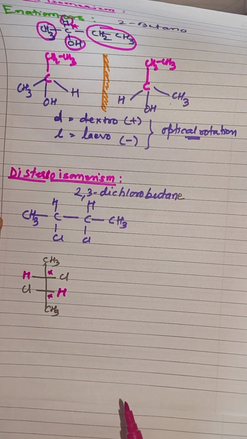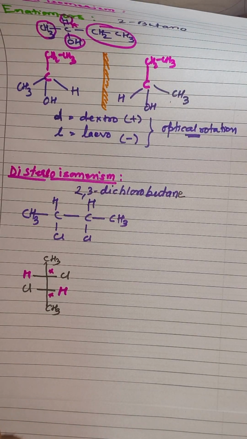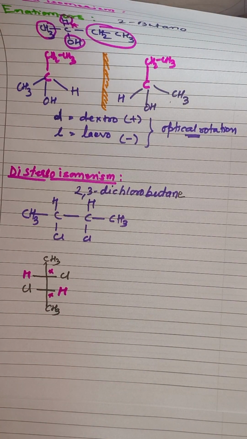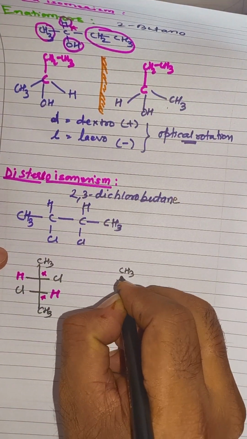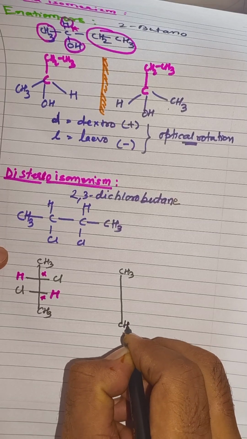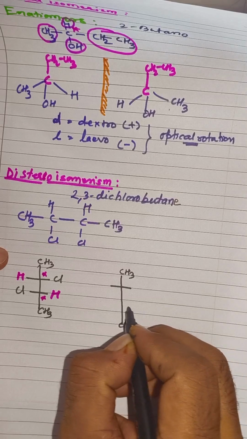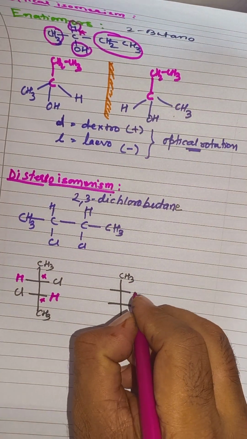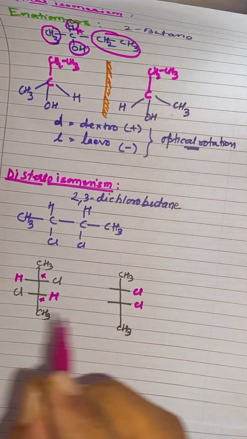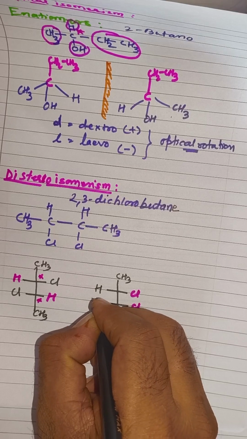So there are two chiral carbon atoms here, and they have different isomers. I can take another isomer of this, again CH3 and CH3. I can take Cl this side, Cl this side, and here is the H and H.